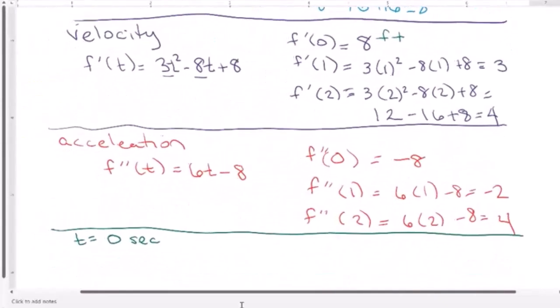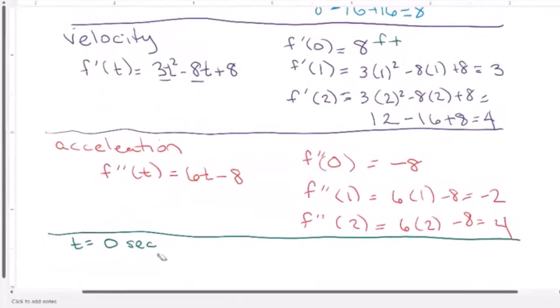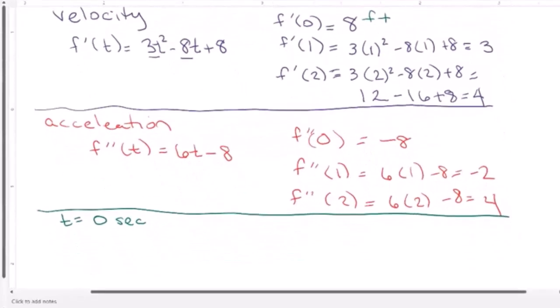Okay, so at t equals 0 seconds, what's happening? My position is 0, so I haven't gone anywhere. My height. Okay. My velocity is positive, because it's 8 feet.